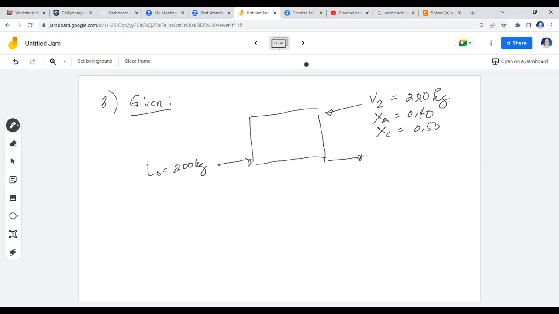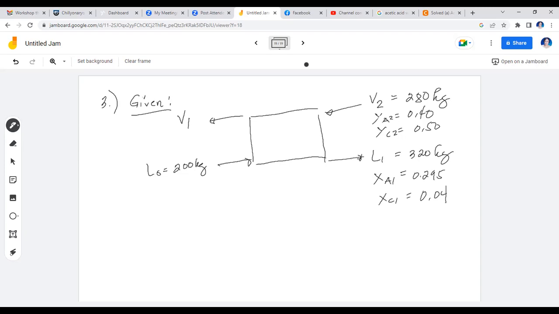Now you were given that the raffinate layer or the water-rich layer has this as the mass, 320 kilograms, and this particular composition. So this should have the subscript 2. And by the way, this is Y, not X, okay? Now you have XA1 here, which is 0.295, and XC1, which is 0.04. Now this is your extract, which is V1.